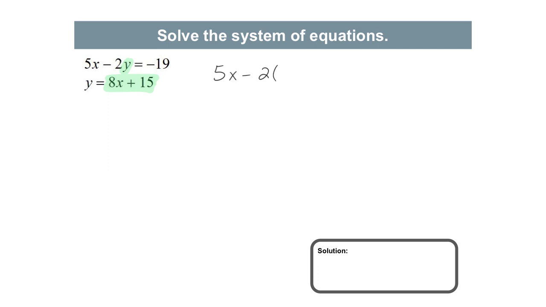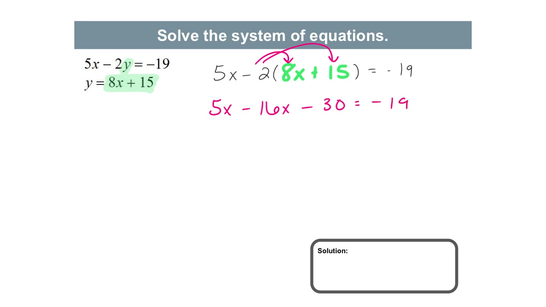5x minus 2 equals negative 19, and inside those parentheses, I will fill in the 8x plus 15. And then I can solve it. We have a distribution problem, so we will have 5x minus 16x minus 30 equals negative 19.